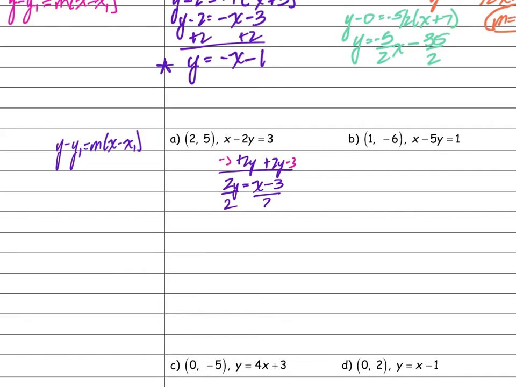Divide by 2. So y is going to equal 1 half x minus 3 halves. So the slope of this line equals 1 half. So then I'm going to use point-slope form. So I'm going to put it in here, and here are my points. So I've got y minus 5 equals 1 half times x minus 2.